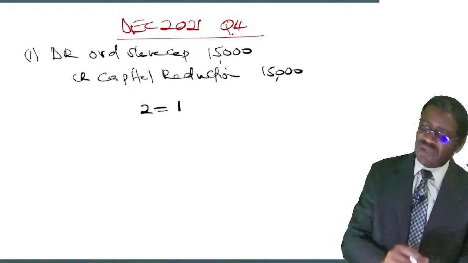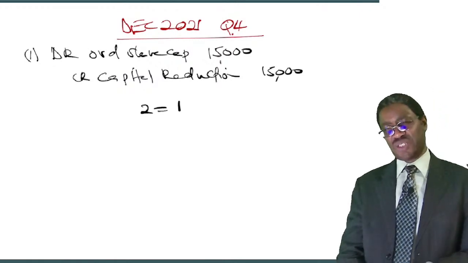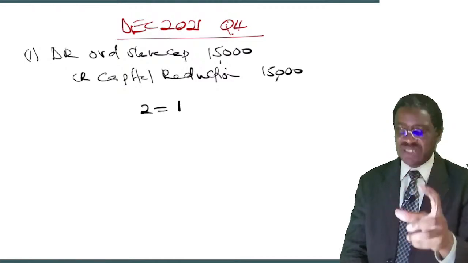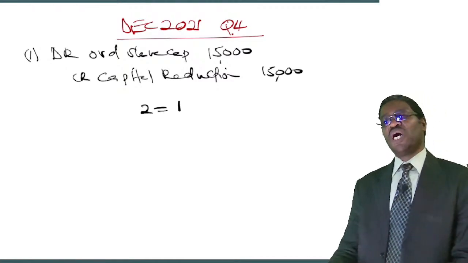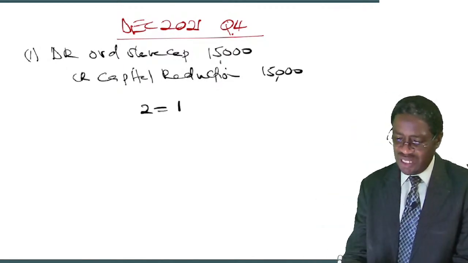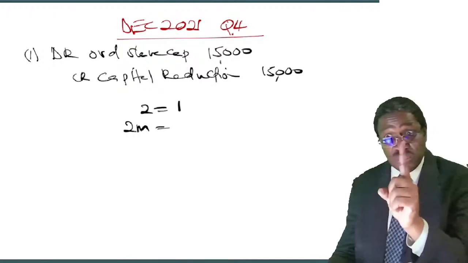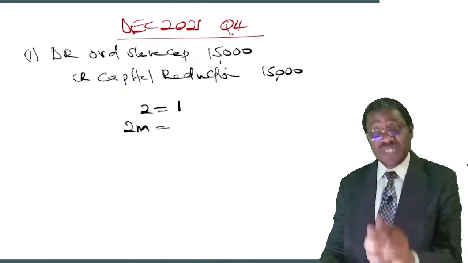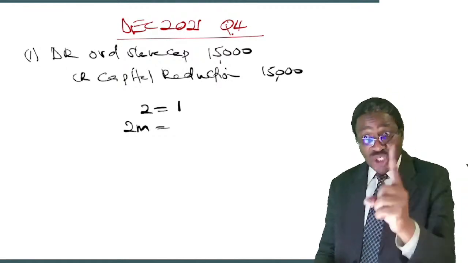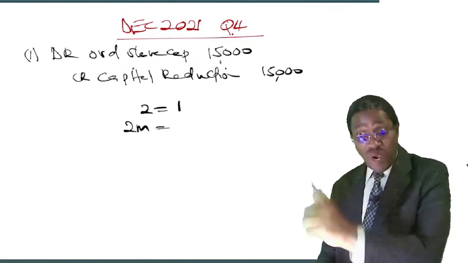I hope you still remember, our capital was 20 million in the balance sheet. 1 share had a par value of 10 shillings. So we saw our company had 2 million shares.